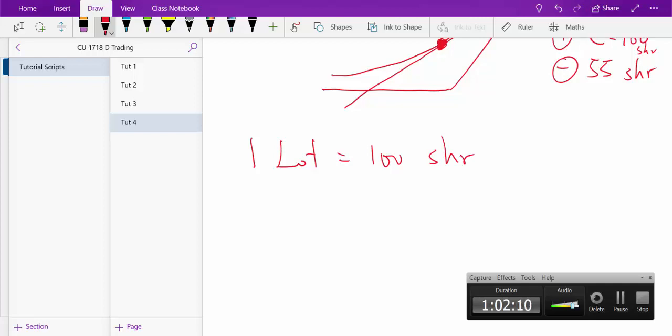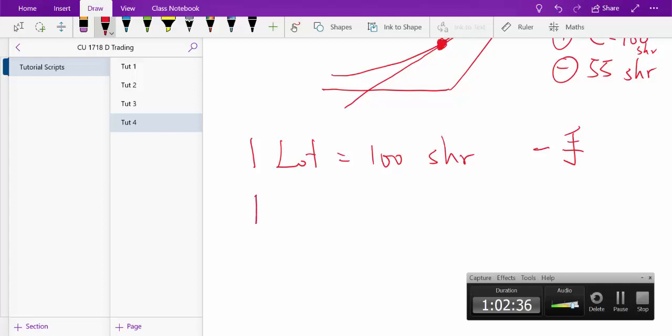It depends on the company. If you are talking HSBC, I think one lot is 400 shares. Some other companies have different lot sizes, which makes hedging confusing. But in the US market, one lot is 100 shares.